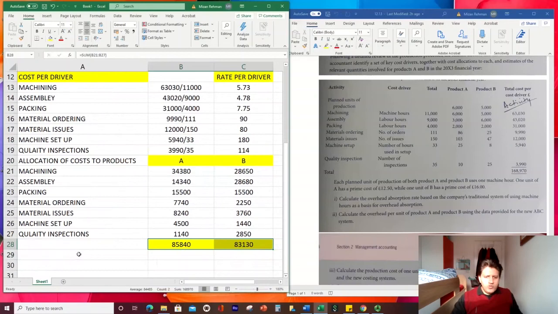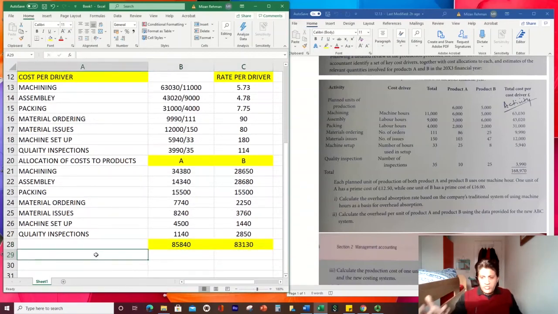What we could do next is calculate the overheads per unit by dividing it by the number of units produced.